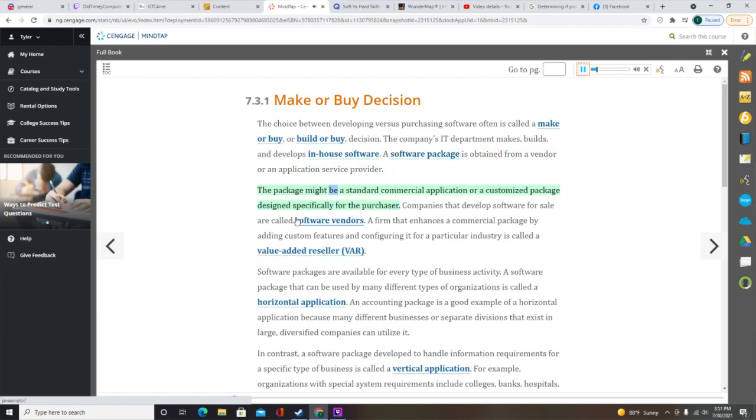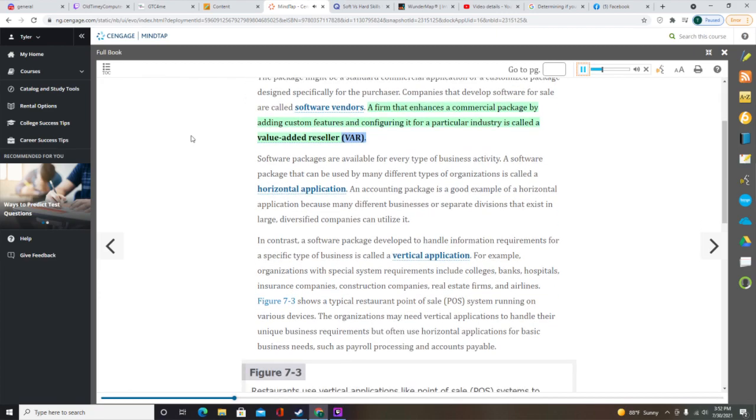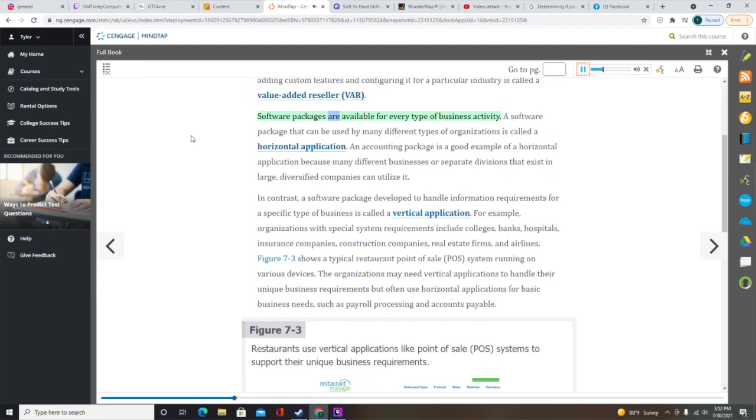The package might be a standard commercial application or a customized package designed specifically for the purchaser. Companies that develop software for sale are called software vendors. A firm that enhances a commercial package by adding custom features and configuring it for a particular industry is called a value-added reseller, VAR. Software packages are available for every type of business activity.